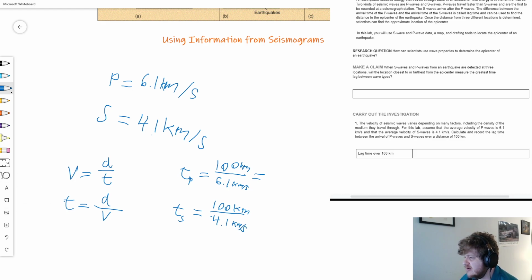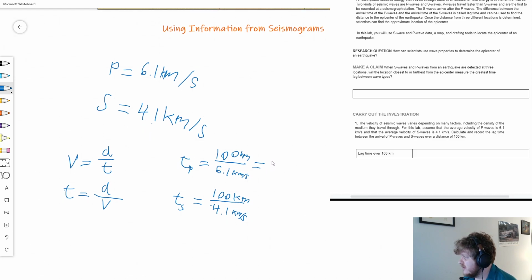When we use a calculator to work that out, we get a time of 16.39 seconds for the P waves, and for the S waves, we get a time of 24.39 seconds.